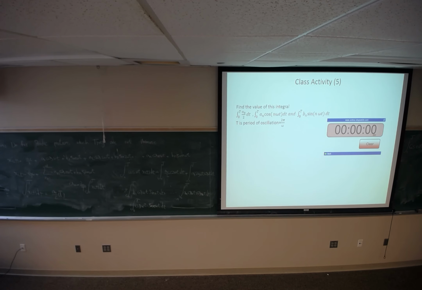So if m and n are different, we can show that this integration has the value of 0. But if they are the same, if they are 1, this integration is going to be equal to capital T divided by 2.